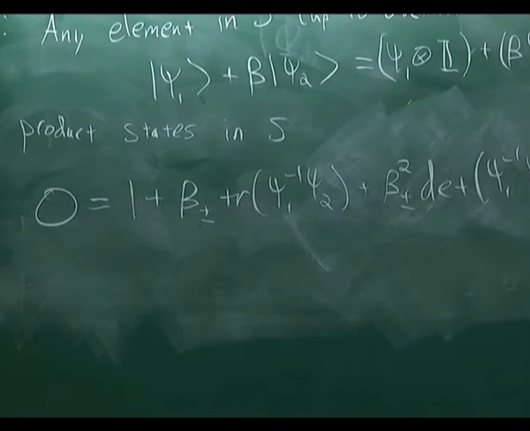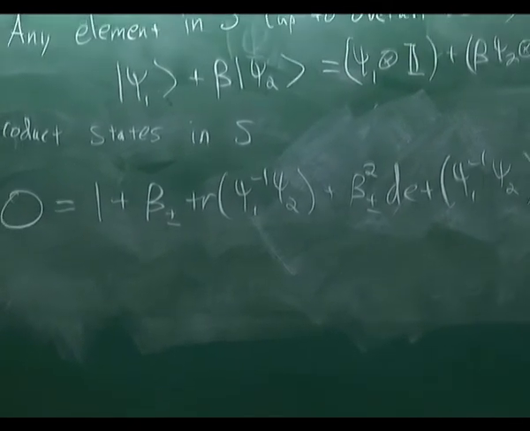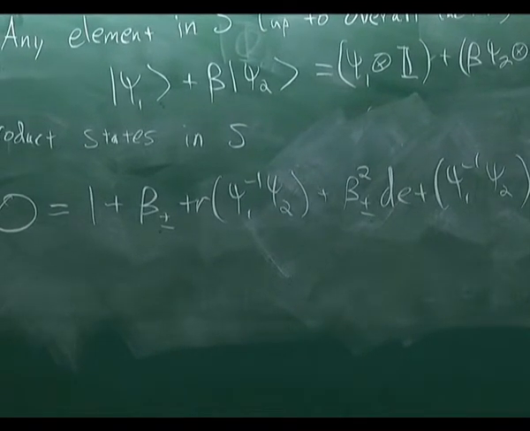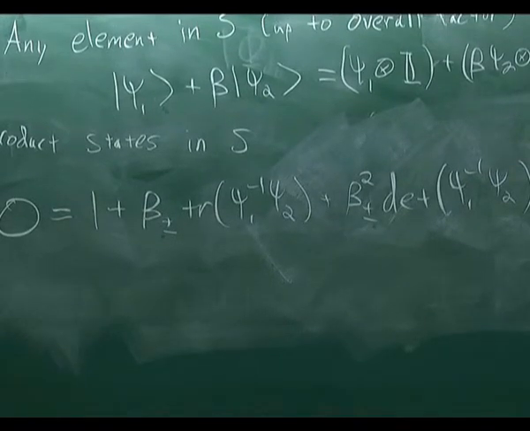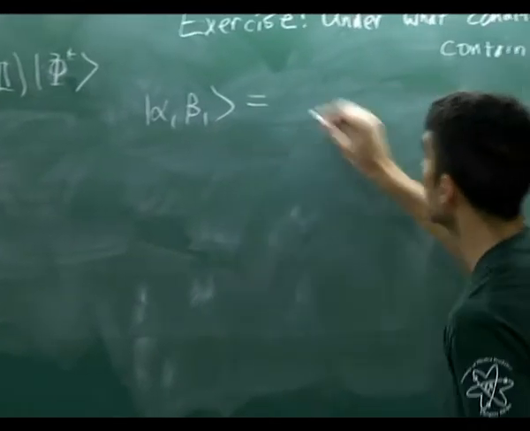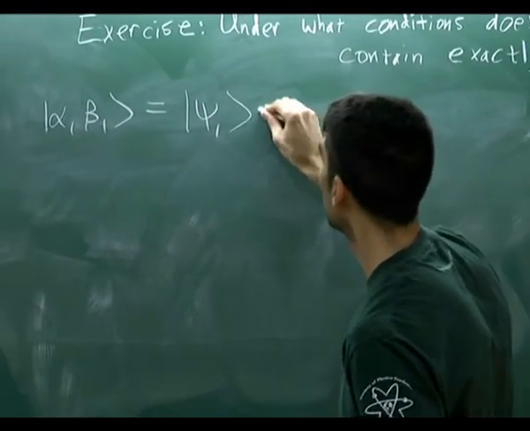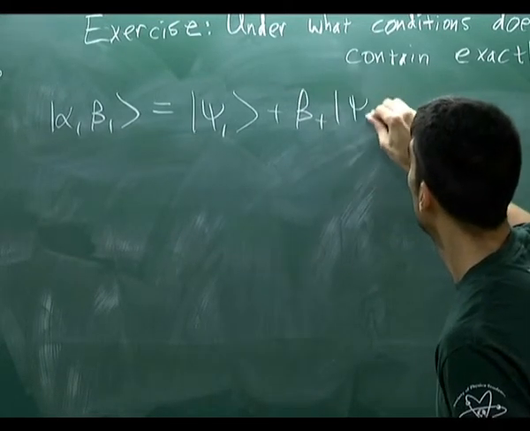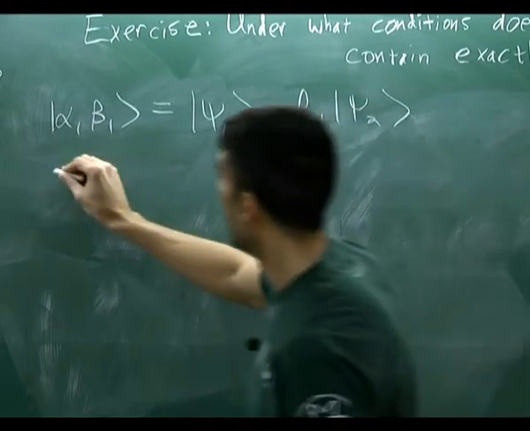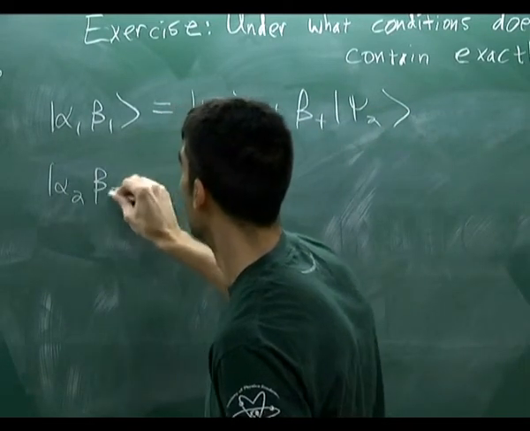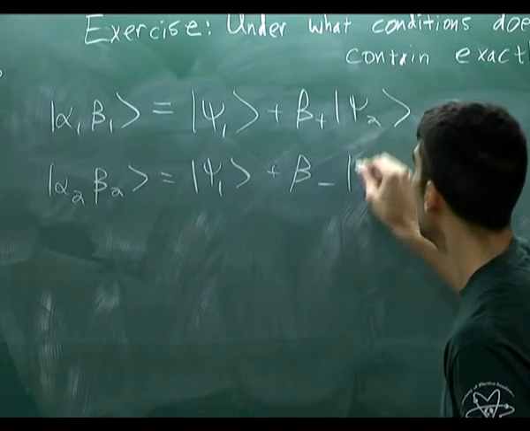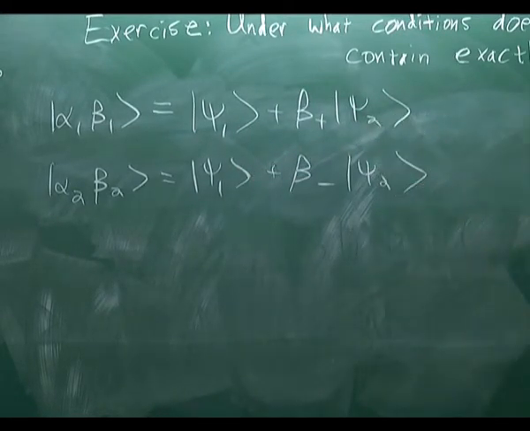Okay. So which means that we can write alpha 1 beta 1 as, again, up to an overall factor, beta plus psi 2, and alpha 2 beta 2 will be the minus combination, plus beta minus psi 2.